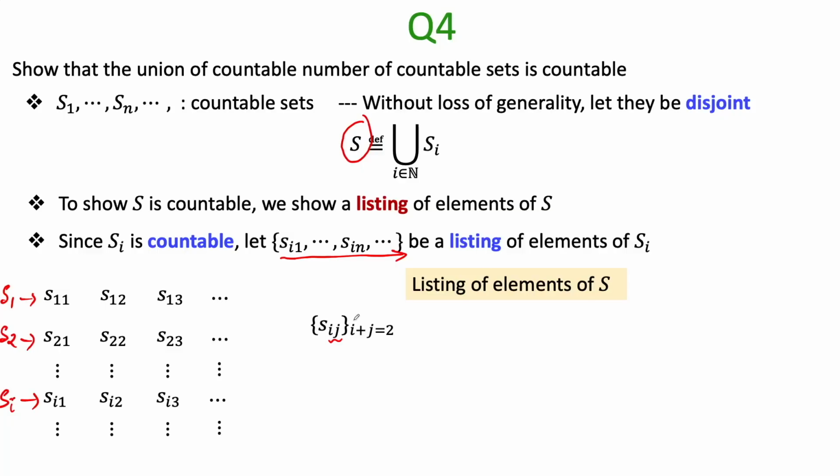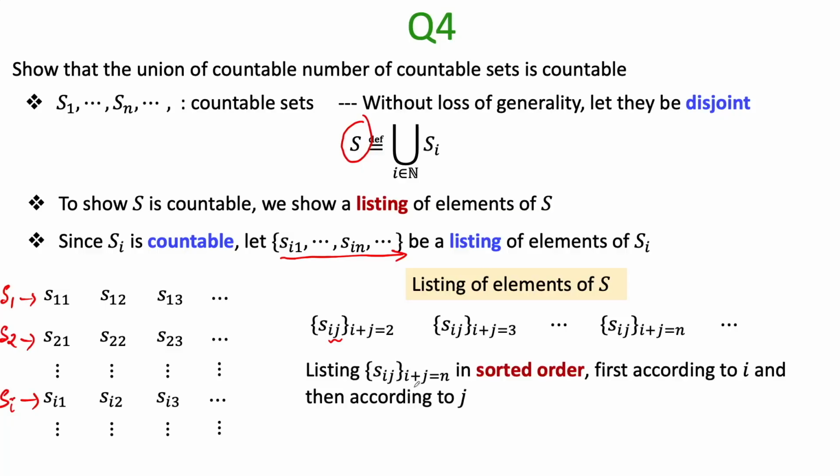For that to happen, at least one of i or j has to be 0, but I don't have any index taking the value 0 here. So the least value of the summation can be 2 only. I will first list all the elements where the summation of the indices is 2, followed by all the elements whose summation of indices is 3, and so on.